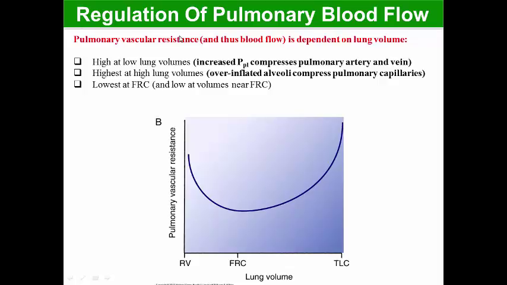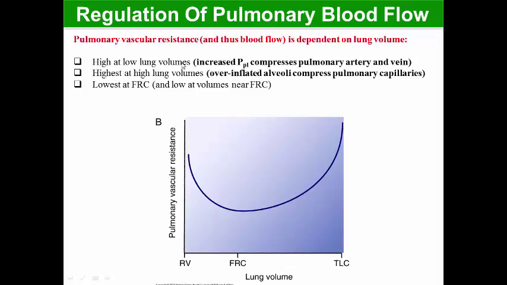The pulmonary vascular resistance is dependent on the lung volume. So the lung volume itself determines the resistance, and the resistance determines the pulmonary blood flow. The pulmonary vascular resistance is high at low lung volumes. Why?